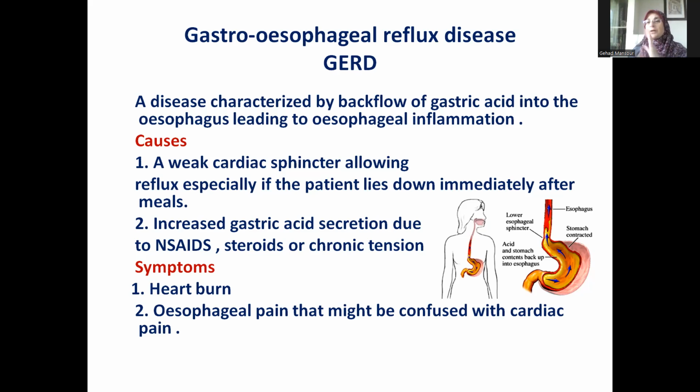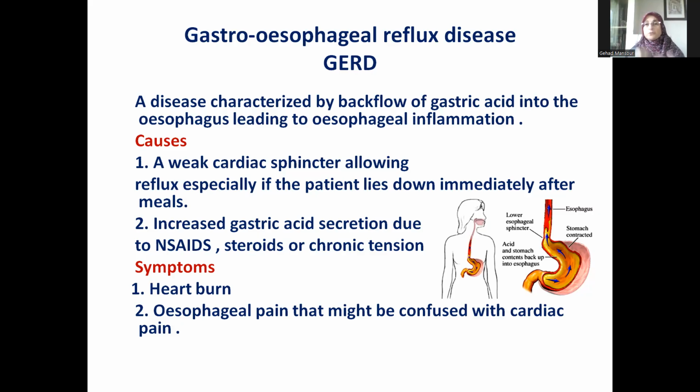The causes, of course, are essentially a weak cardiac sphincter, or you might have an almost normal cardiac sphincter, but you have increased gastric acidity for the reasons we have mentioned before. What would the patient suffer from?